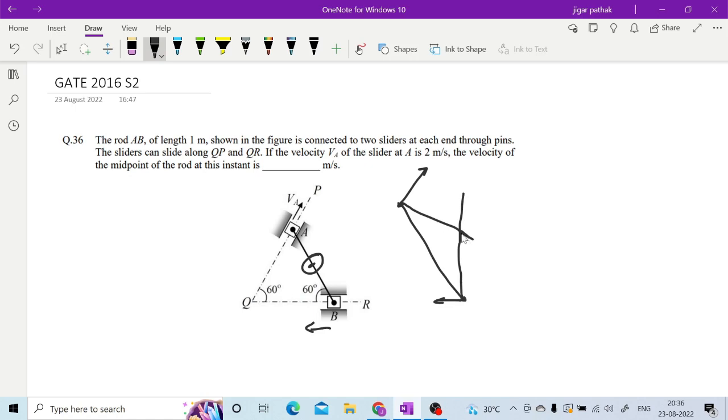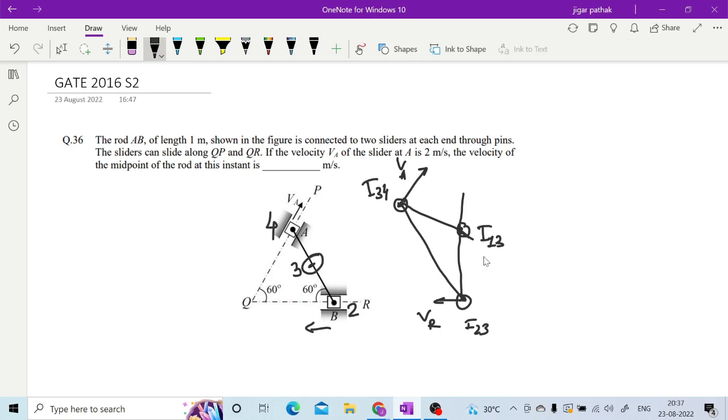So this way you will have your instantaneous center of rotation I13, because here you have I23 and here you have I34. Because this rod is considered as link 3, this slider is considered as 2, this slider is considered as 4, and this fixed link is considered as 1. So this is your velocity of A, this can be considered as velocity of R. So perpendicular to both of these, when you take, then you will have this instantaneous center of rotation.